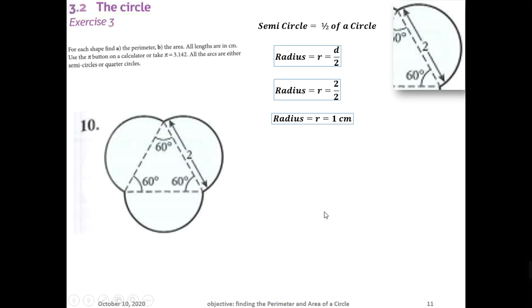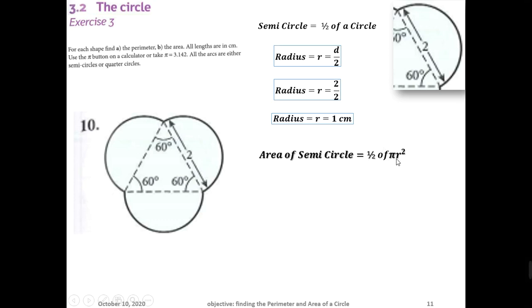Since I know the radius, I can now write the general formula for finding the area of a semicircle. The general formula is half of the area of a full circle. The area of a full circle is pi r squared. So it's going to be half of pi r squared.